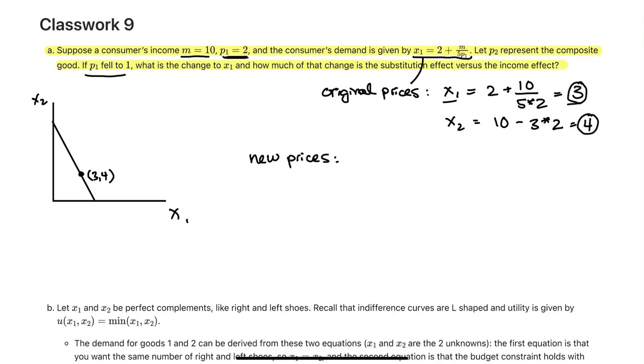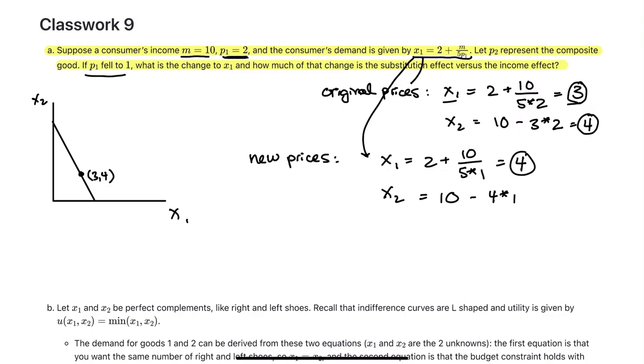Now we have, again, plug into this formula to find out the new demand for X1. X1 will be 2 plus, our income is still 10, divided by 5 times 1. So that's 2 plus 2, which is 4. And then X2 is our income minus the expenditure on good 1. We bought 4 of them, and we bought them at a price of 1.